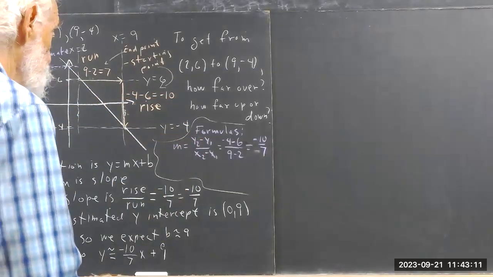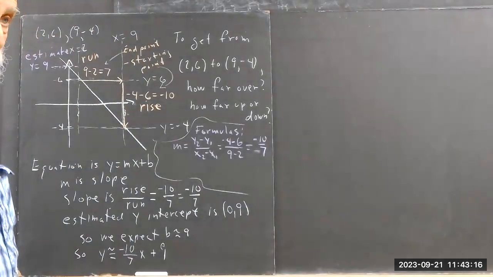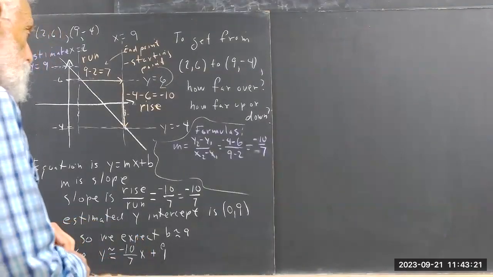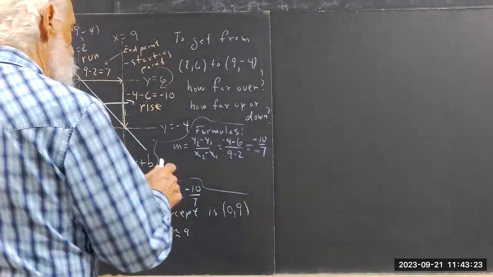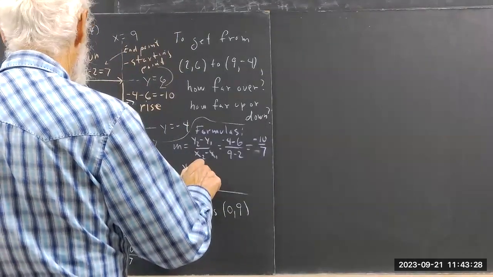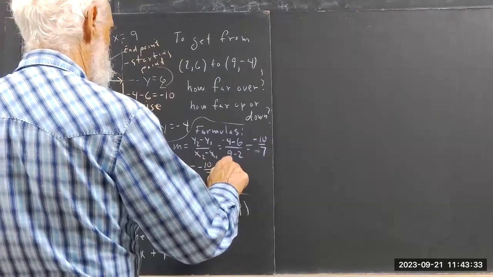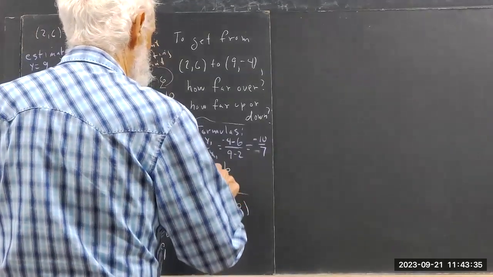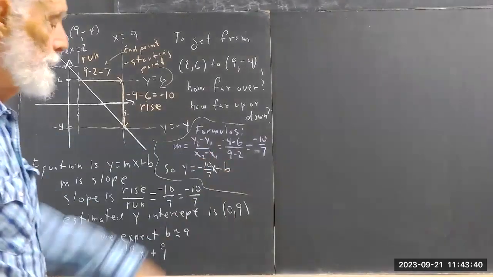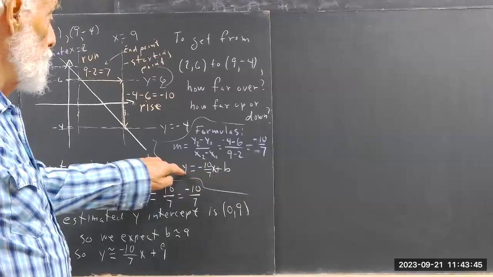Okay, b, well, how do you get b? This takes a little bit more work. I think, and I really should have double checked to make sure this is what they do, but I think they then tell you, you write, okay, y is negative 10/7 x plus b. Then you plug in the coordinates of one of your points.